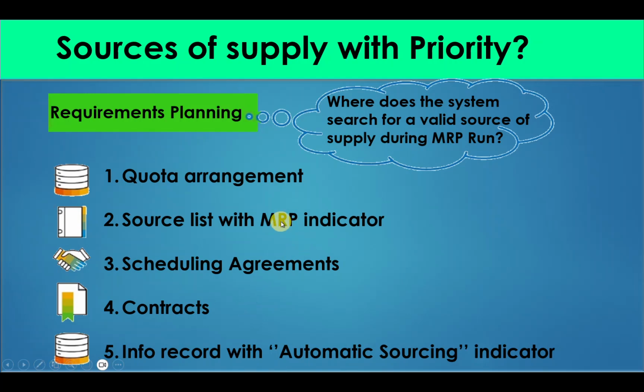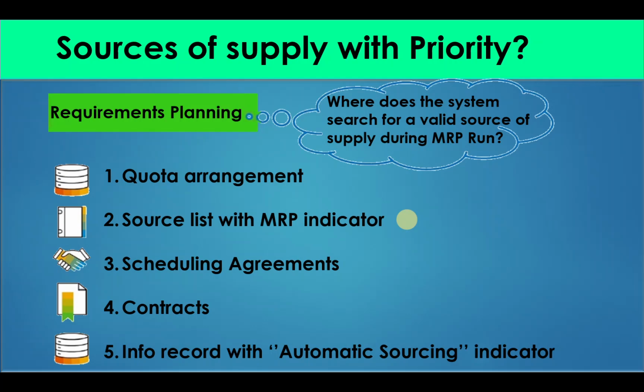Here you can see the quota arrangement has the highest priority. If there is a quota arrangement, it gets the highest priority over all the rest of the sources. Second is the source list, but the catch is that it should have the MRP indicator, one or two, activated to be considered as a source of supply with MRP.